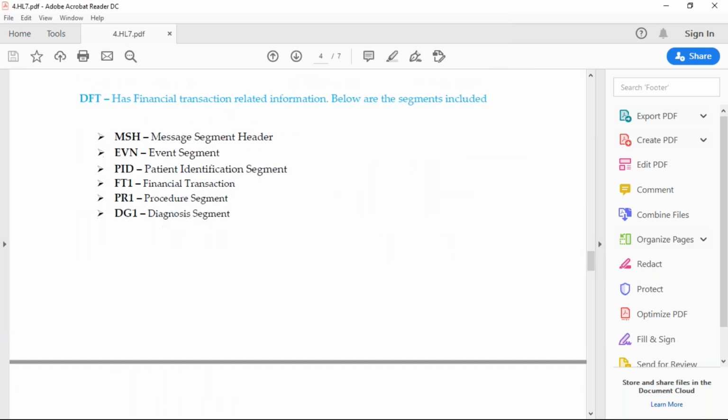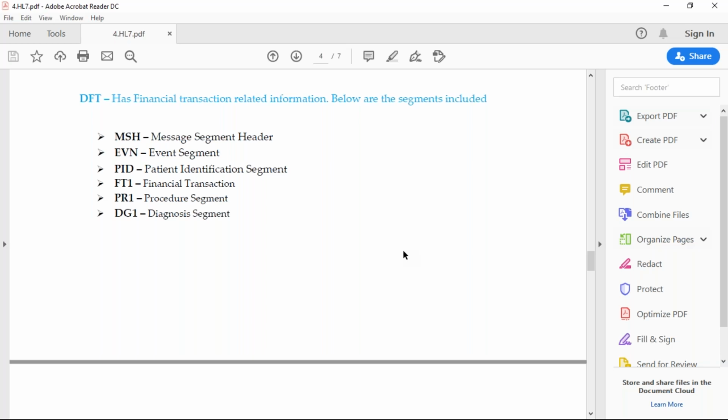All right. Next, we will jump to the next message type, which is DFT. As the name itself suggests, it is detailed financial transaction, which means in the hospital workflow, it comes at a scenario where the appointment is completed, the encounter is done, and the patient has been diagnosed with some problem. The doctor has provided some medication, and if some procedures had to be performed, the doctor has done that.